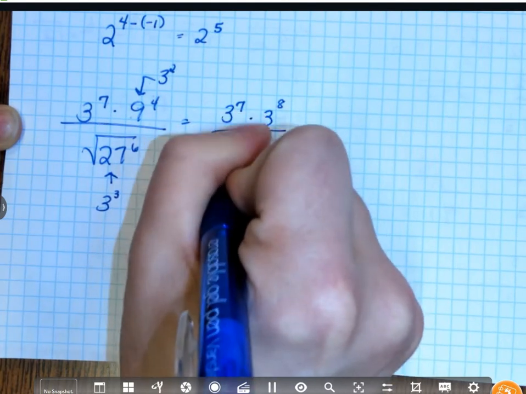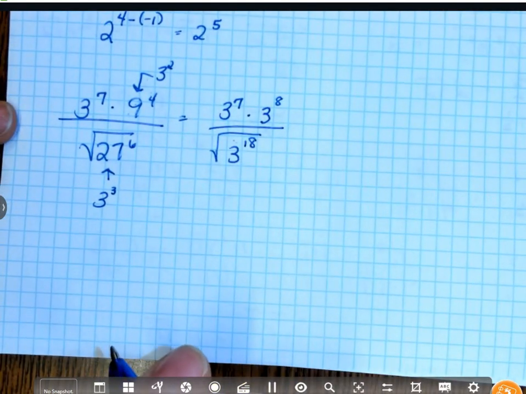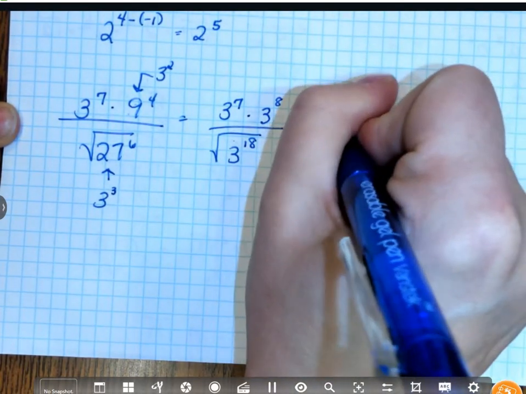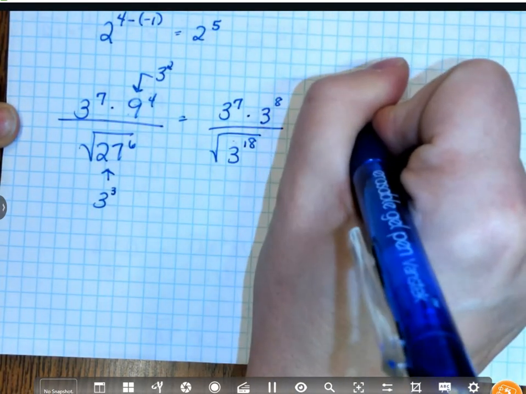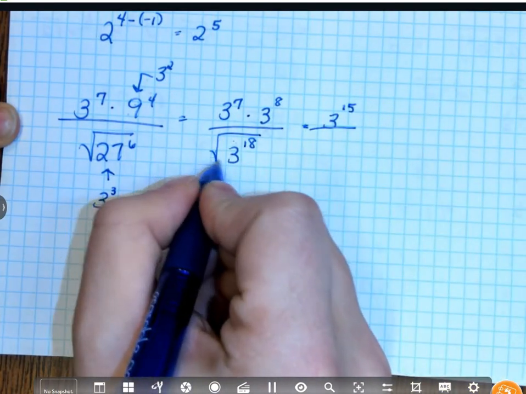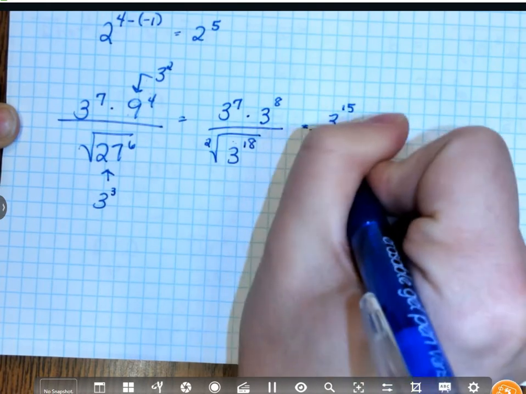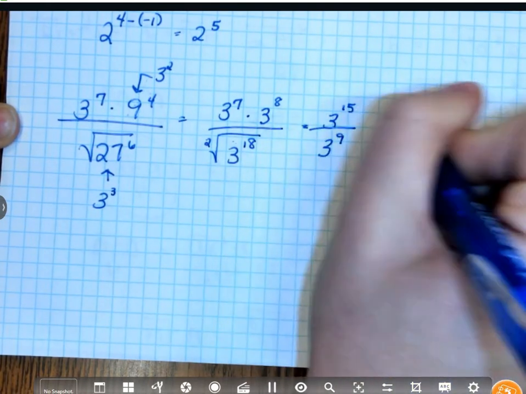And then the square root of that. 3 to the 7th and 3 to the 8th gives me 3 to the 15th. Square root of 3 to the 18th: 2 goes into 18 9 times.